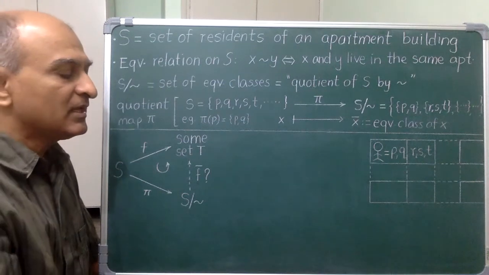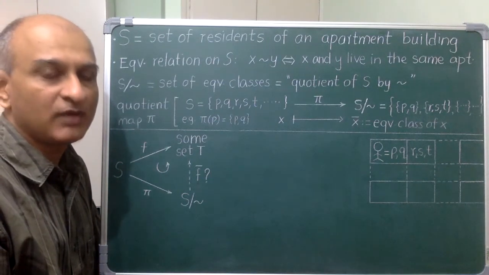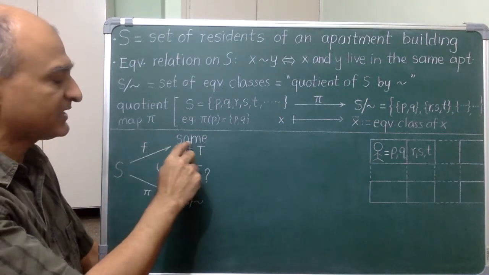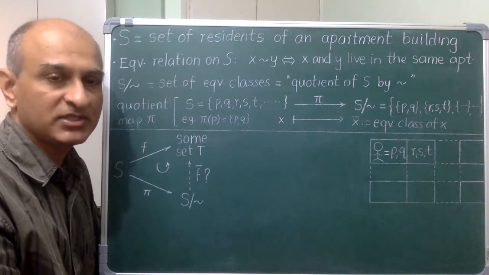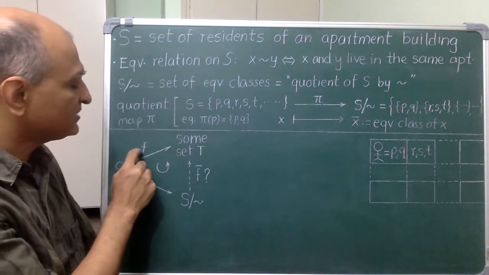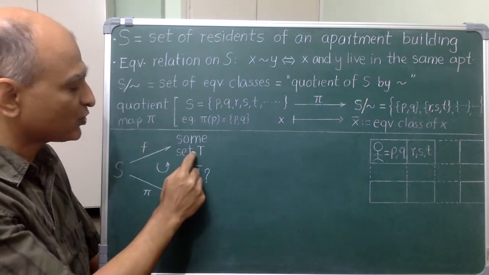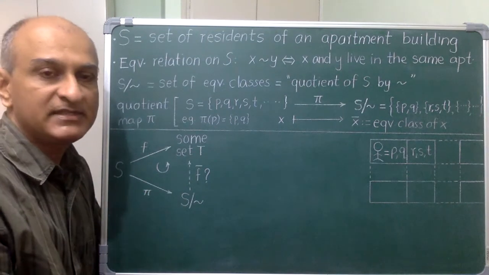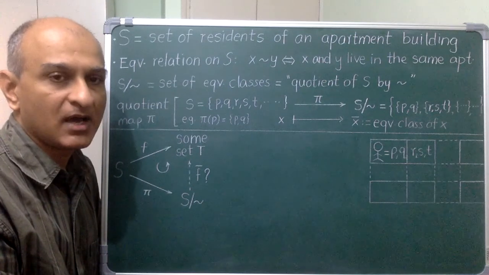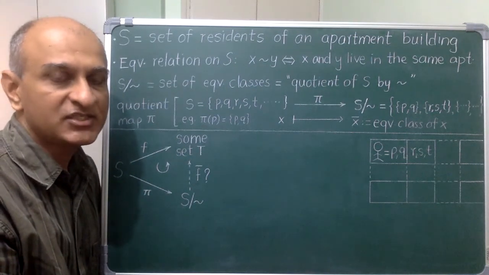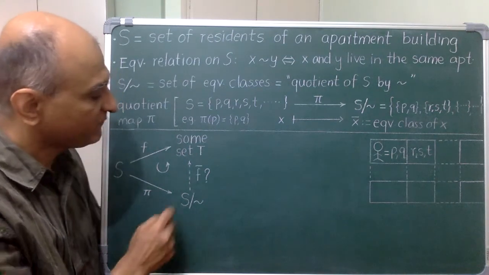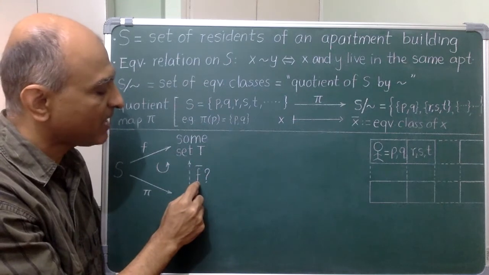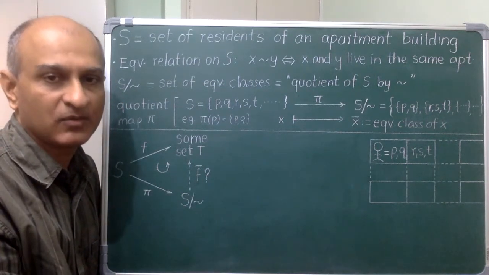The second piece of data involving the set S is some function f from S to some set T. And the question that I have is, when does the function f factor through the quotient set to give me a commutative diagram? We will see examples of this, but for now I would like you to formulate this question precisely in terms of existence, uniqueness, and properties of this map f bar. So please try this now.